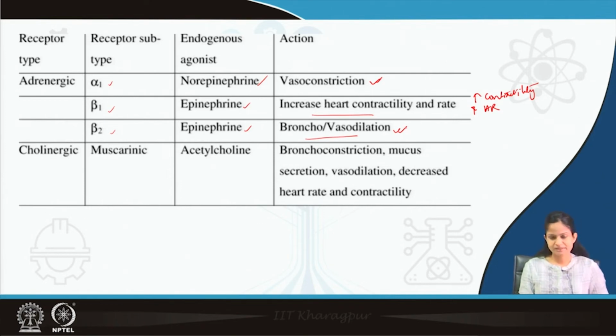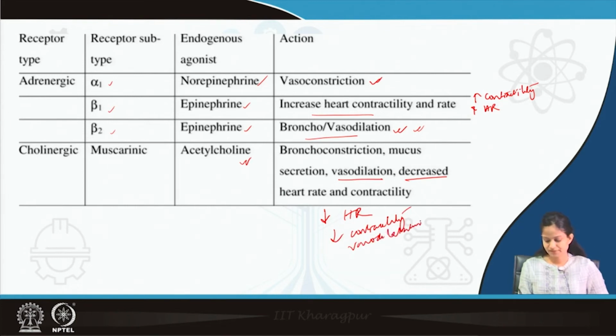Beta 1 causes increased heart rate and contractility, but beta 2 causes vasodilatation and bronchodilatation in the lungs. The muscarinic receptors bind acetylcholine and cause vasodilatation, decreased heart rate, and decreased force of contraction.